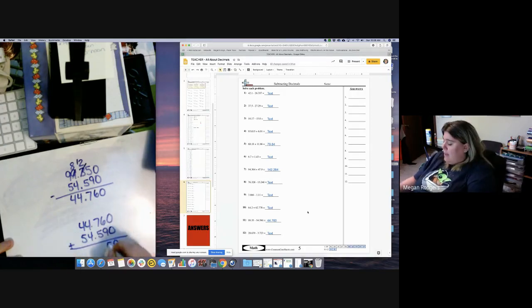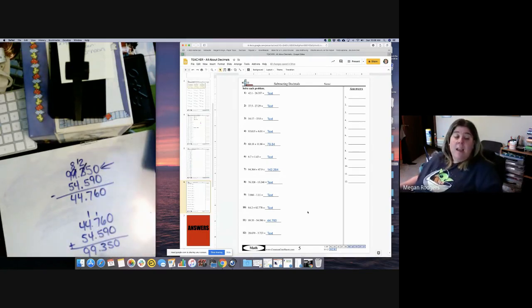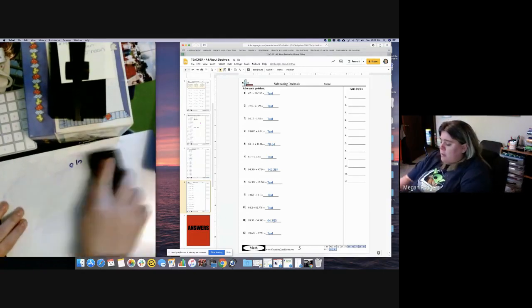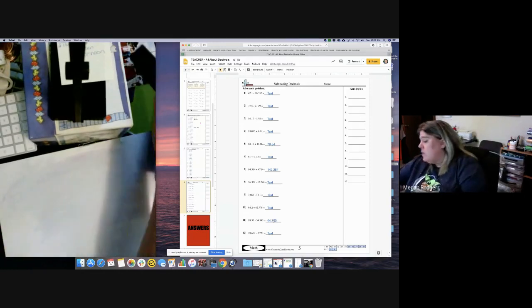And if I add these back up, 8 and 5 is 13, 8, 9, 9. I should get that very same number I started with, and I did, so therefore I know I did my work correctly. So don't be afraid to check your work. All right, I want to do one more subtraction problem for you so that you can see.